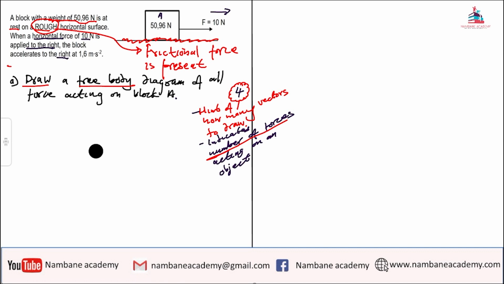The block is moving to the right. Because remember, for me to talk of frictional force, I must have the direction of the motion. Imagine, I can't have a force going in that direction and call it frictional force. Why? Because frictional force opposes the motion. If it is going to the right, frictional force must go to the left. So I am going now to draw this here, must be something like that. And we know it is a frictional force.